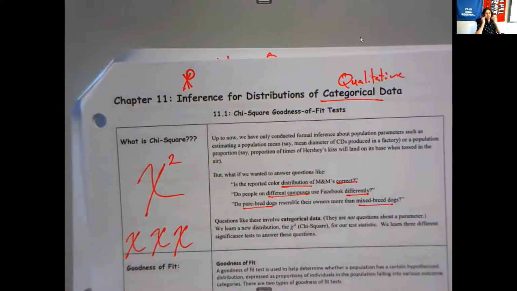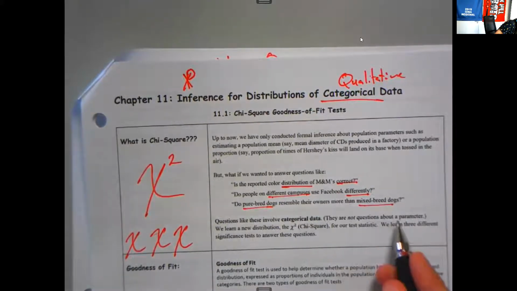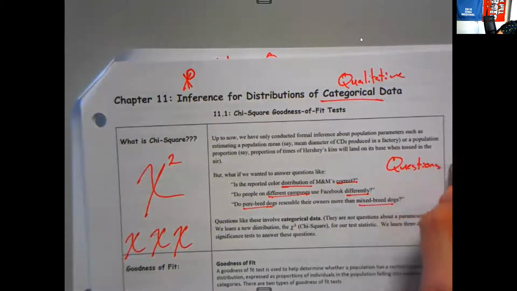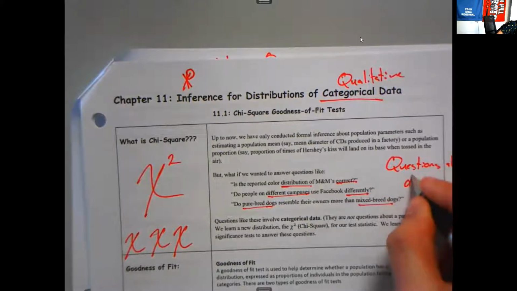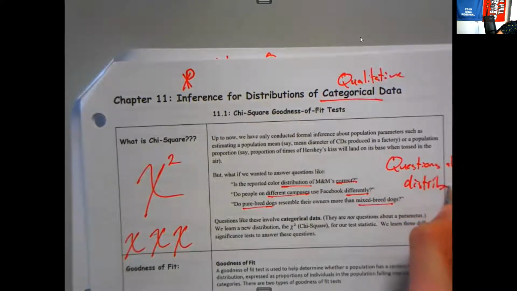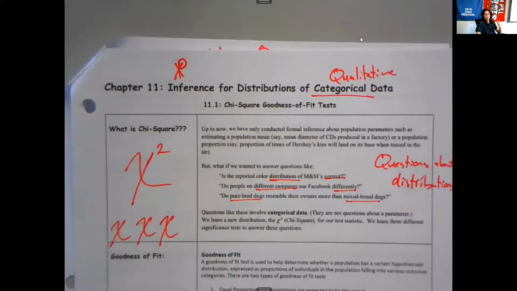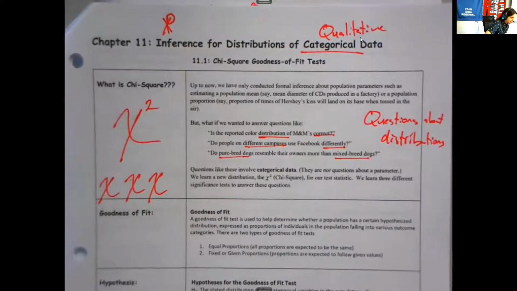These are not questions about a single parameter, but questions about whole distributions. We're not going to be talking just about a single parameter, the mean or the proportion, but about how the entire variable is distributed within a population.